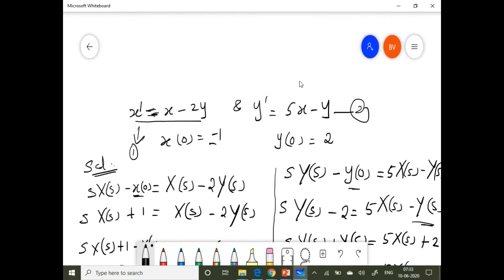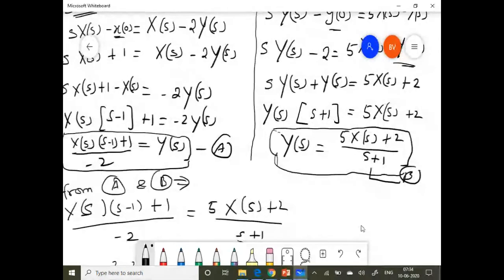So from equation number 1, we can write 2y is equal to x minus x prime. So y is equal to x minus x prime whole divided by 2. This is possible. So we have to find x prime, and then x minus x prime divided by 2 will be y.